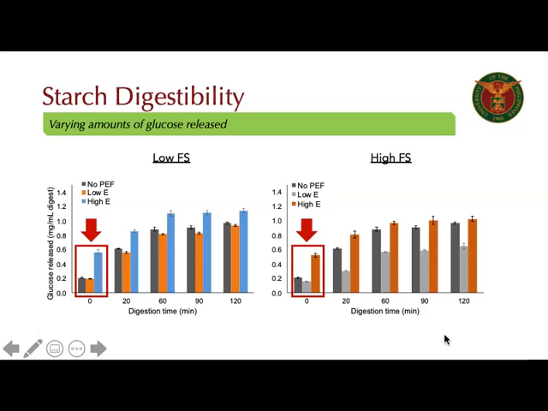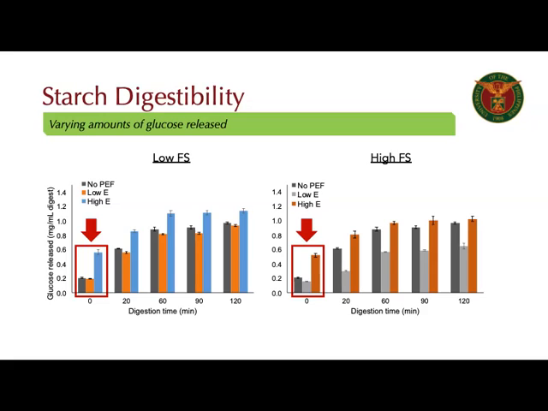And results of our starch digestibility studies show that when oat flour is PEF treated at different capacities or intensities, yung in vitro starch digestibility results also showed varying levels of glucose that were released.